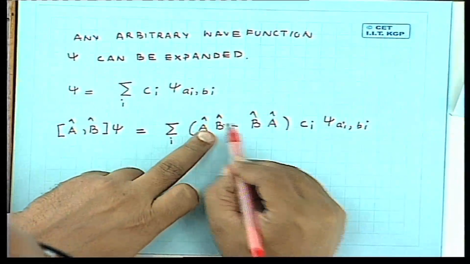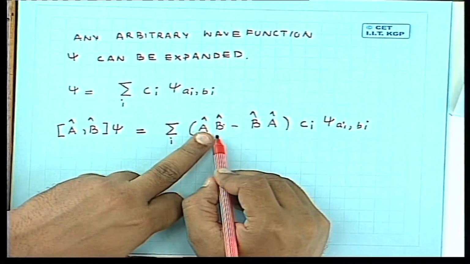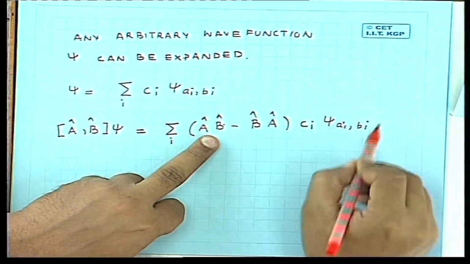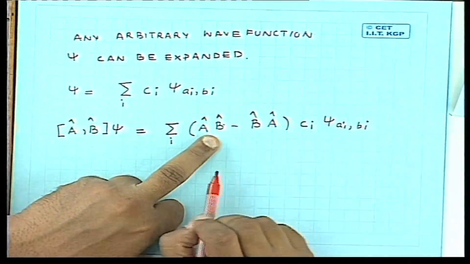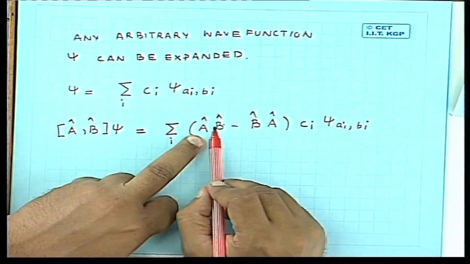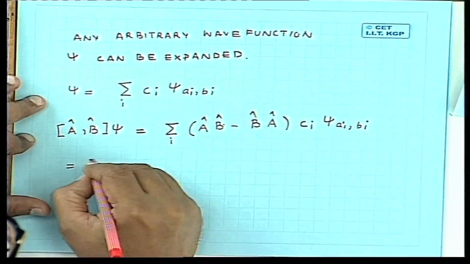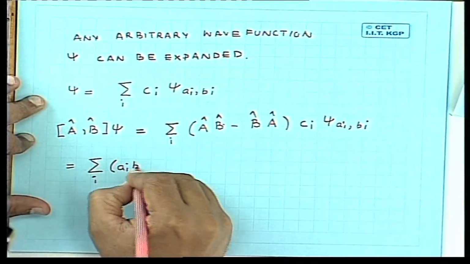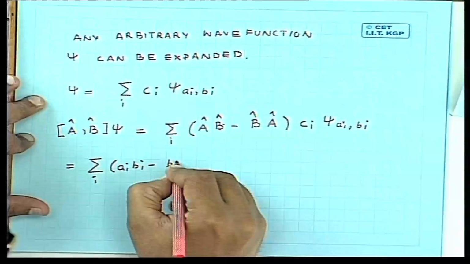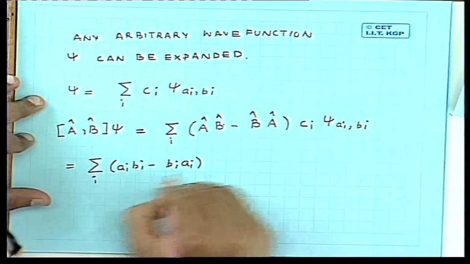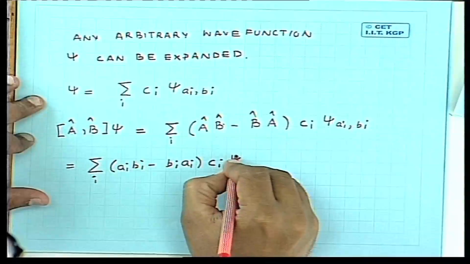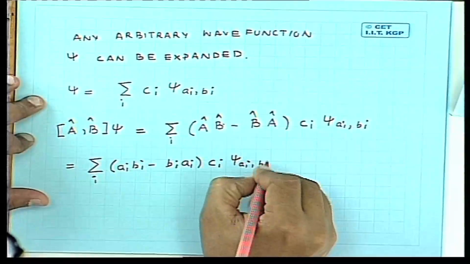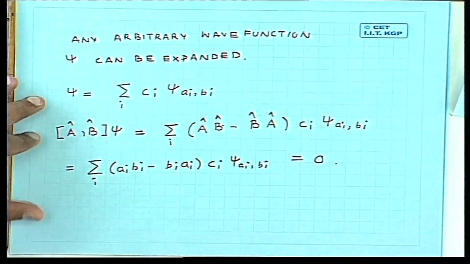Now when B acts on this, it will give me a number Bi. The wave function remains unchanged, and then when A acts on it, it will give me Ai. So this will be equal to Ai Bi minus Bi Ai, and it will be equal to 0.